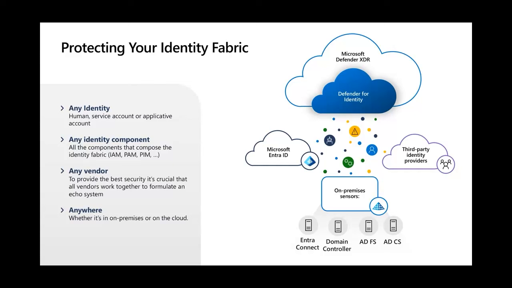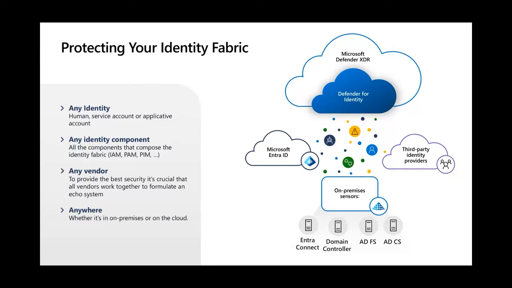So we're trying to cover all of your identity components on-prem, but we also want to cover third parties as well. So we have today some limited capability for Okta and OneLogin. We're looking to expand that support.